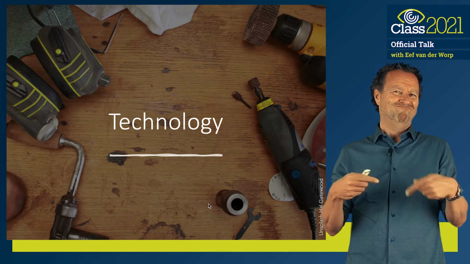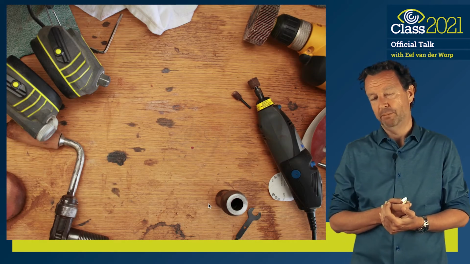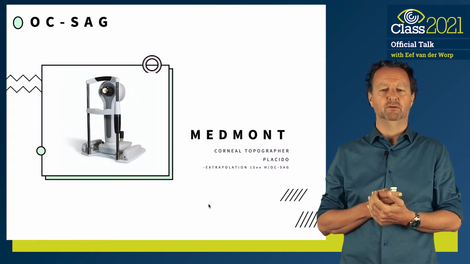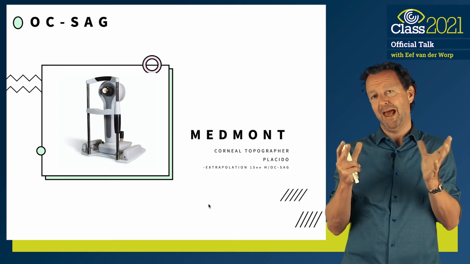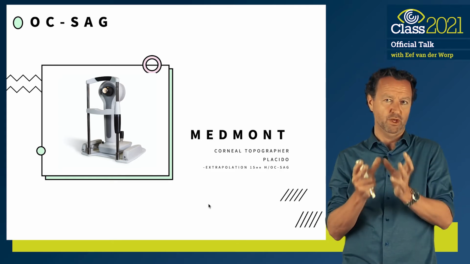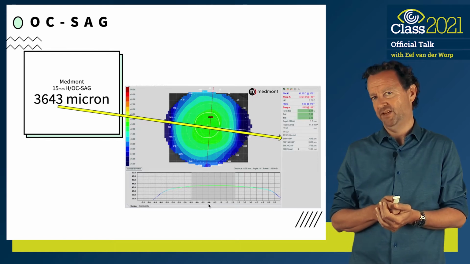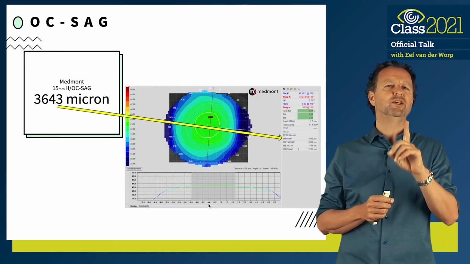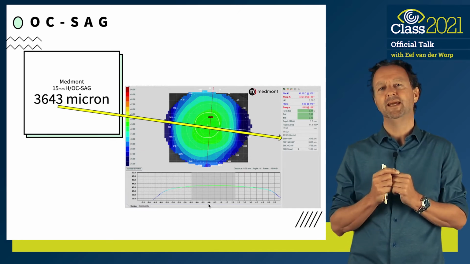So let's shape it up a little bit. Let's add some technology to the table, quite literally actually. Let's use corneal topography, and Jason happened to work with the Medmont, so we're going to use that one, and let's see what that instrument gives. For this particular instrument, there's special software that you can download.